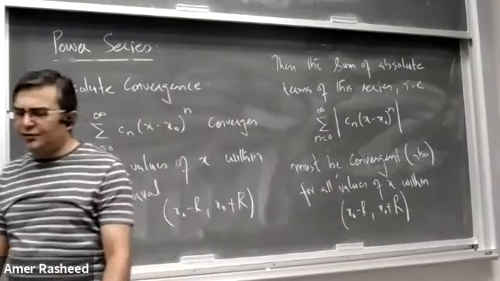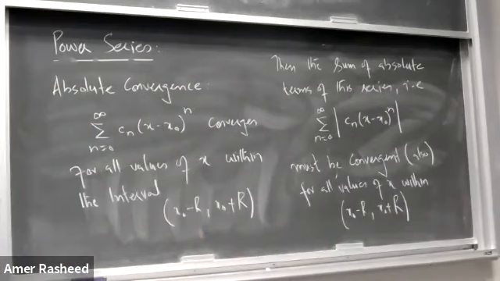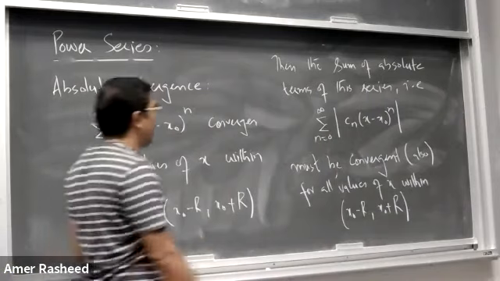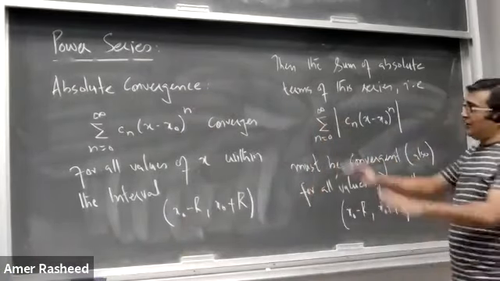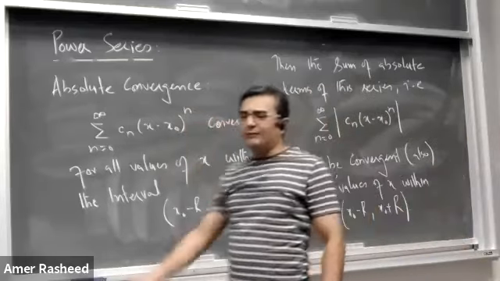It's basically a theorem. We can prove it, but I'm not going to discuss the proof of the theorem. Then we say that this series is absolutely convergent.